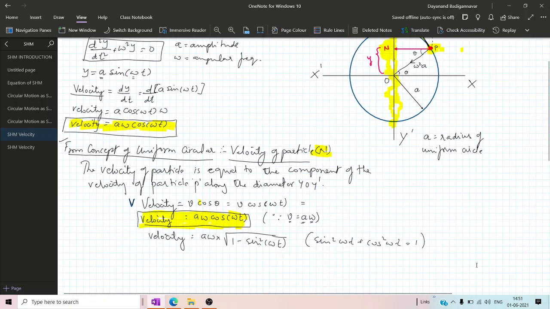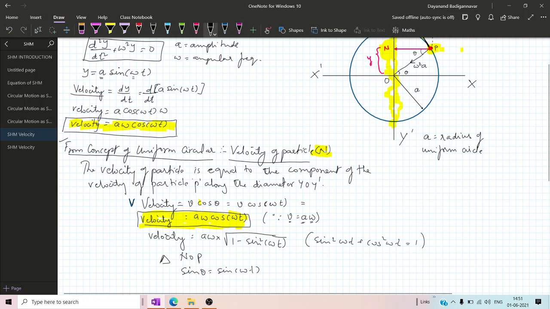Now I can write sine theta from the triangle NOP.